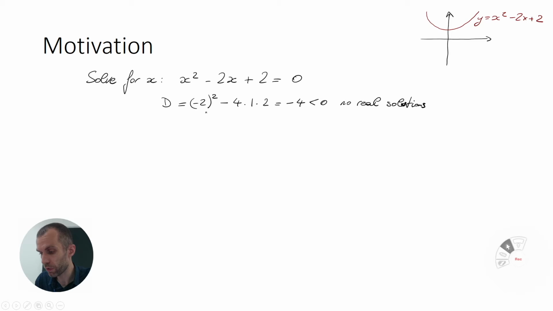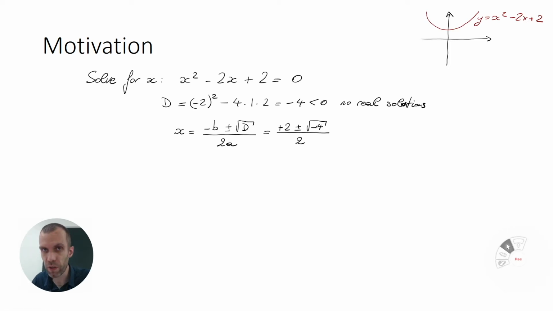So if the discriminant is minus 4, then we know the solutions are given by x equal to minus b plus or minus the square root of the discriminant divided by 2 times a. So that is equal to minus minus 2, so 2, plus or minus the square root of minus 4 divided by 2.